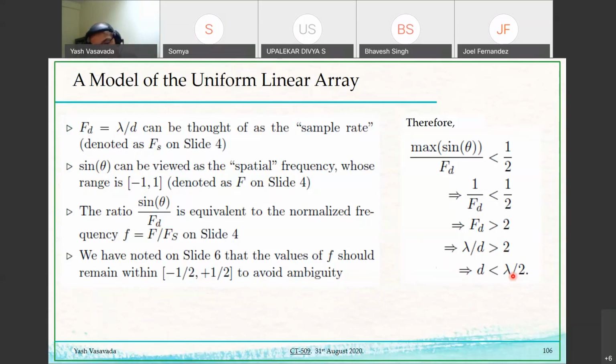So when in the time domain context, we were talking about frequency of arrival estimation, in the space domain, what would be the statement of our problem? It won't be FOA anymore.